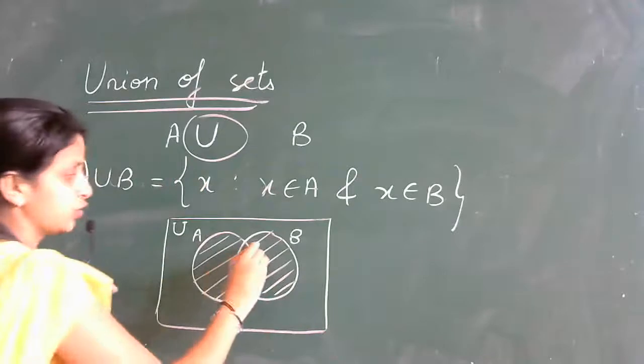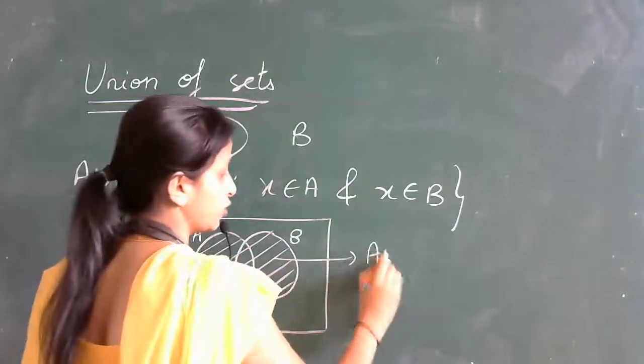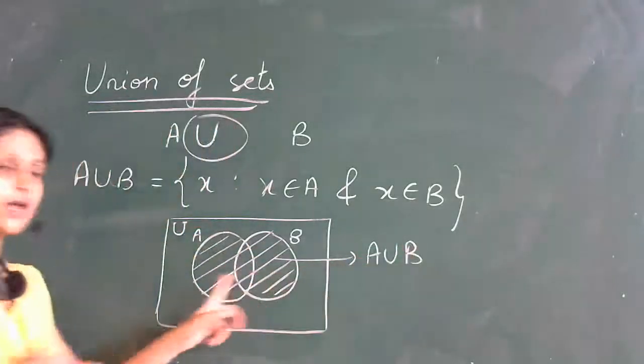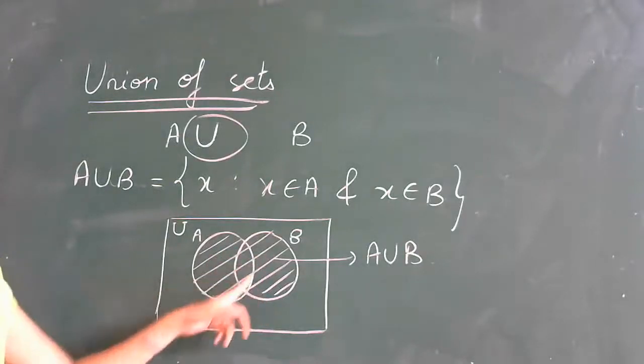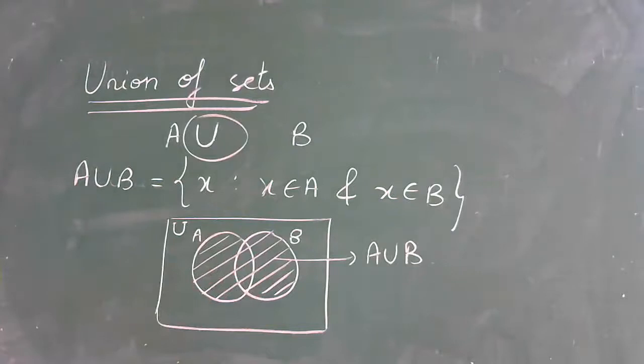This shaded portion is A union B, because it will include elements from both the sets, right? So this will be my A union B. Right, students? So union, the first operation, is it clear? Everyone?